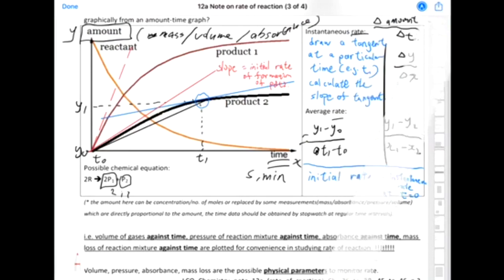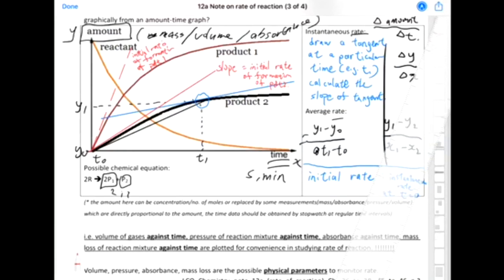However, this time you are in terms of product 1. How about the third way for this reaction?